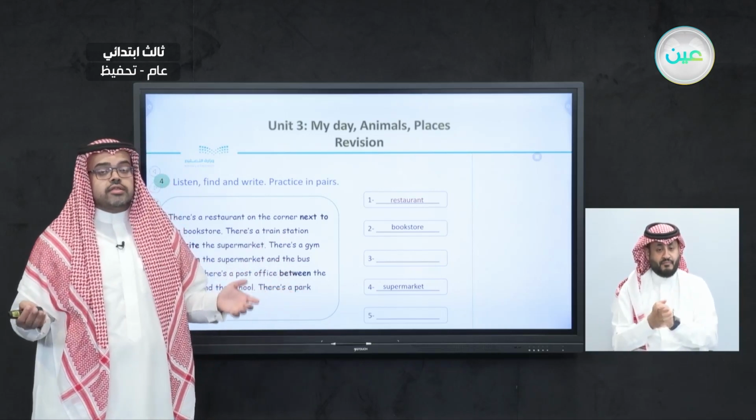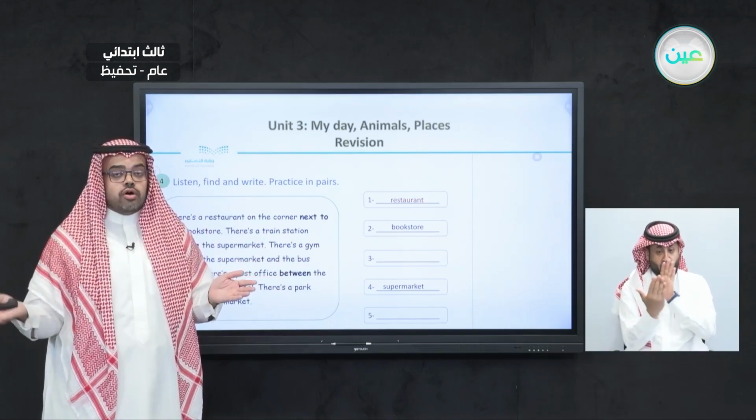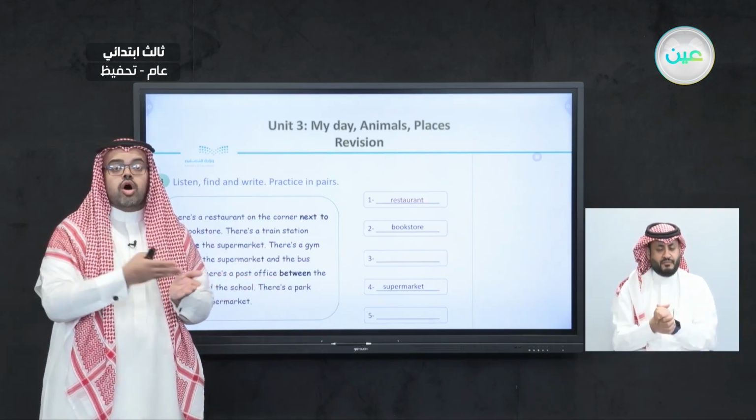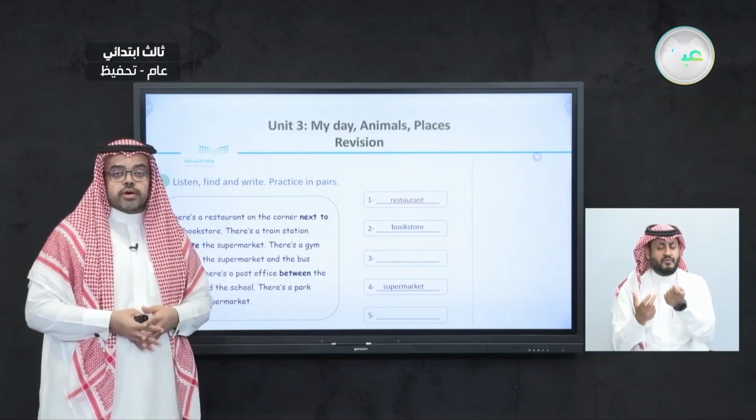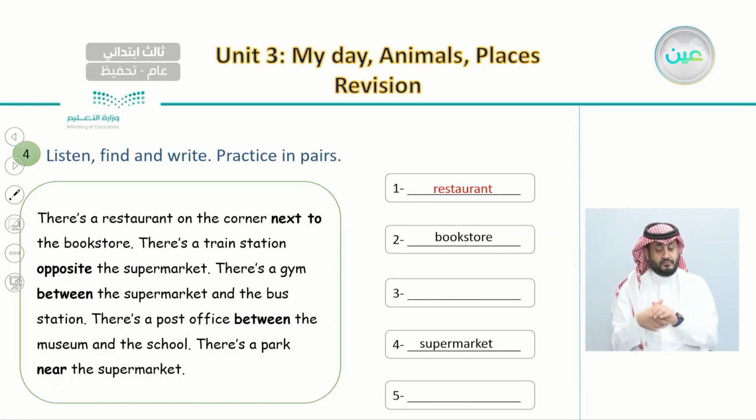We said that there is a train station opposite of a supermarket. We can use this information to look for either a train station or a supermarket. Can you see a train station or a supermarket? We can. Number 4 is a supermarket.